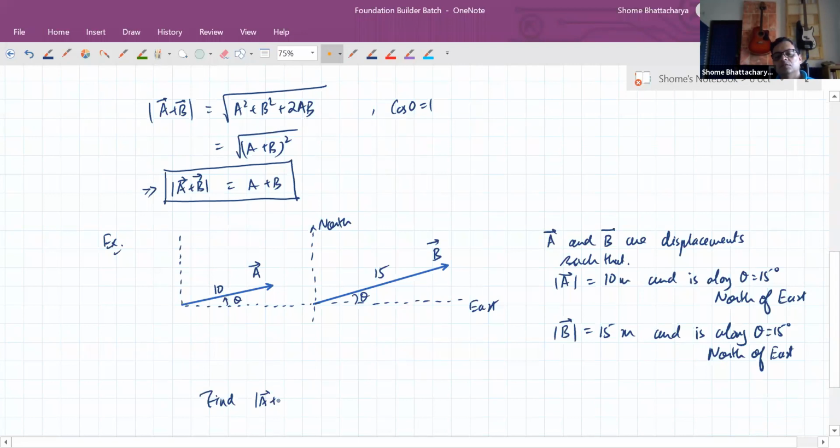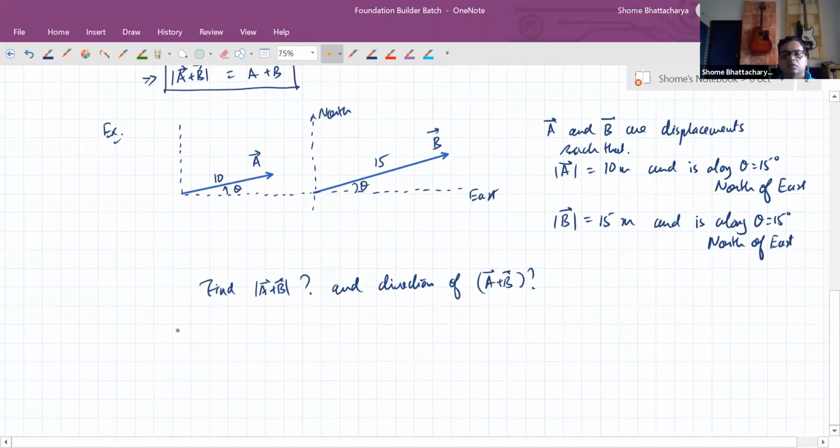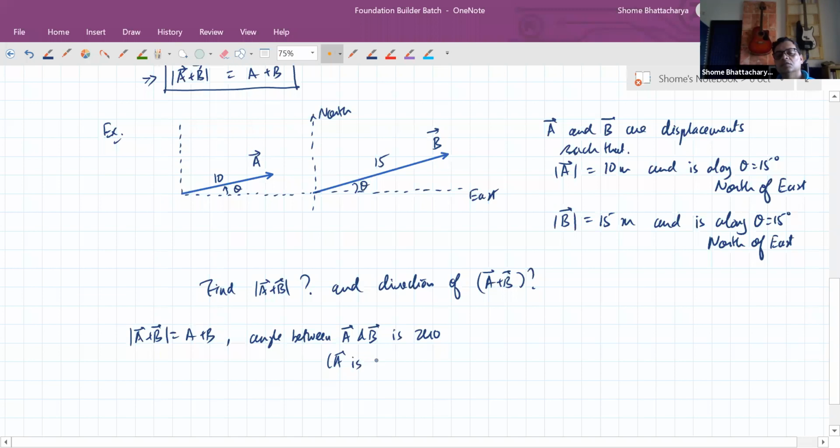Now we want to find the magnitude of A plus B and the direction of A plus B. Whether we go by the formula based method, mod of A plus B will simply become A plus B, because the angle between A and B is 0, because A is along the same direction as B. So the magnitude of A plus B in this case will just become 10 plus 15, or 25 meters.